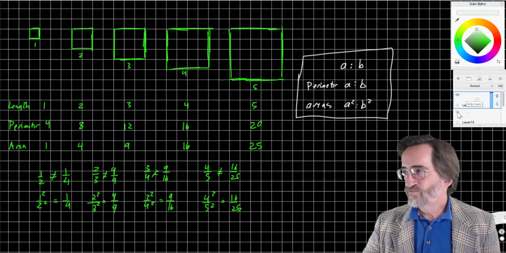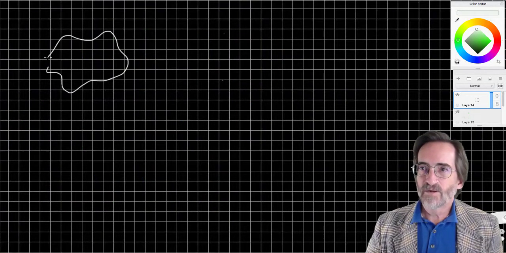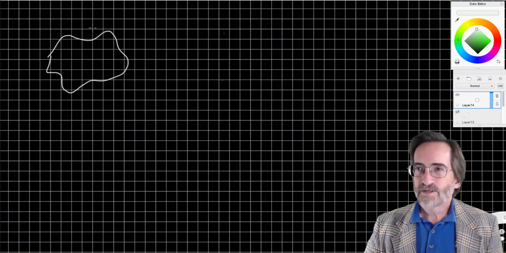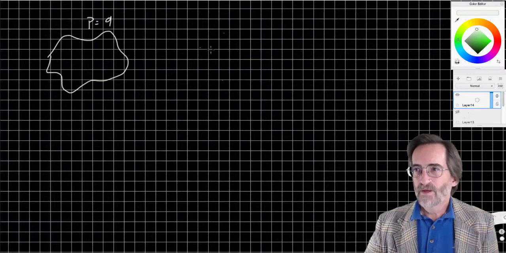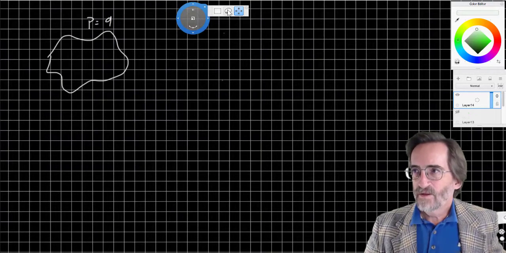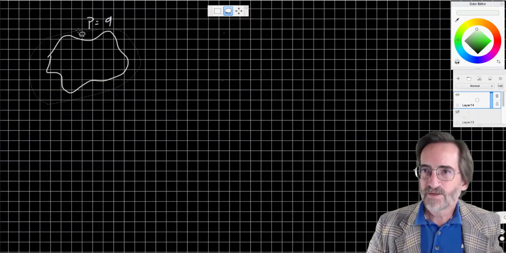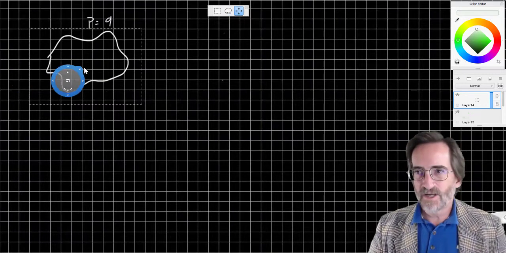Okay, let's say we've got some irregular shape, and it's got a perimeter of 9. And we've got some other shape that is similar to it, so it's the same shape, just a different size.